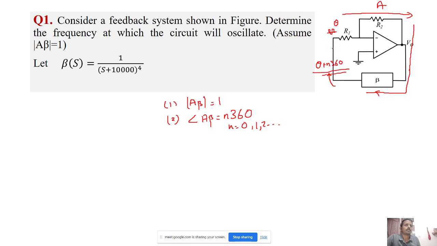Both signals must be in phase, then only there will be positive feedback, and we will get an oscillating signal. That is the condition.